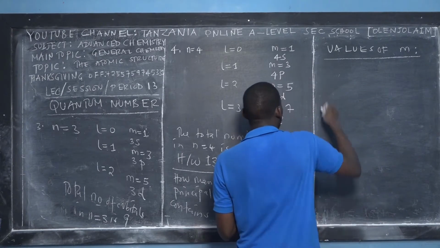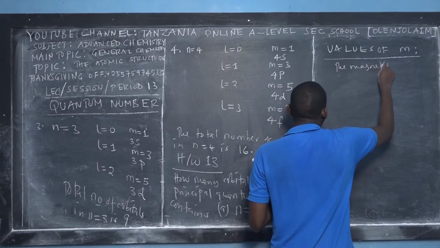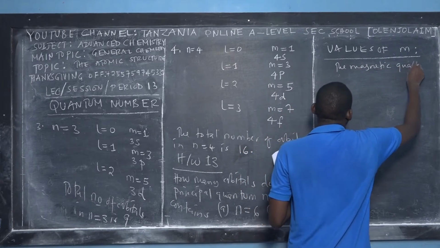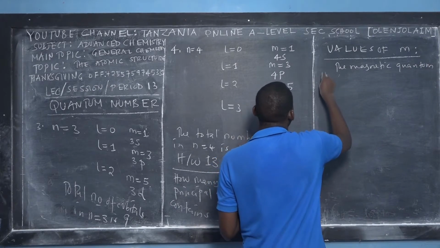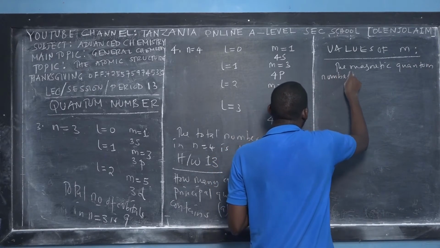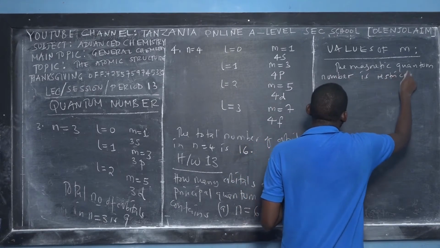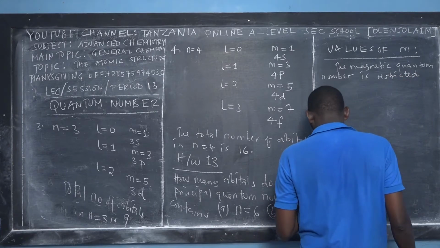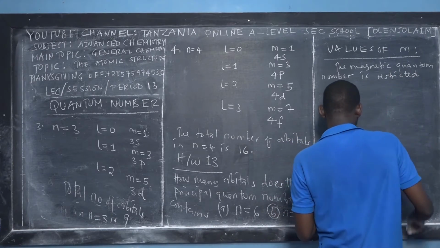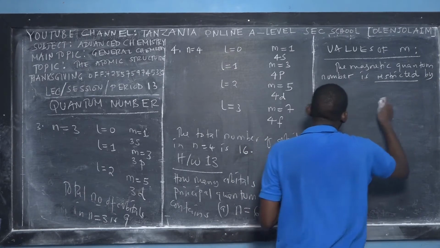We say that the magnetic quantum number is restricted by the subsidiary quantum number.